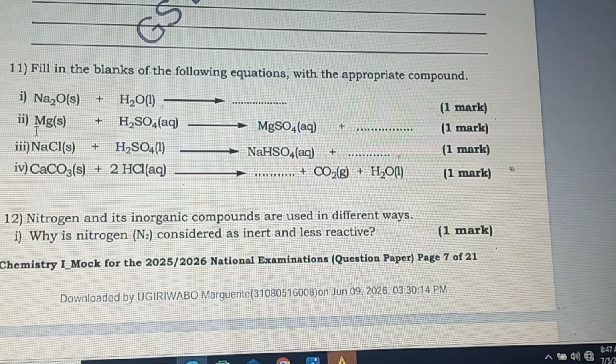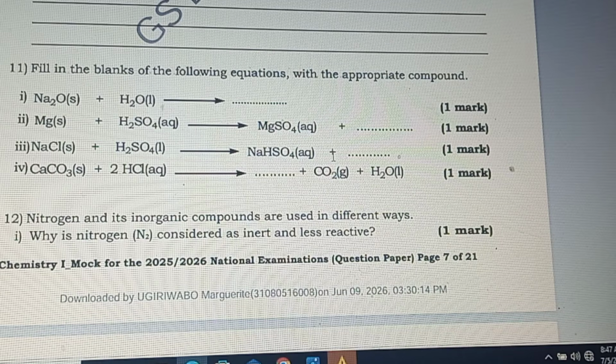Magnesium reacts with hydrogen sulfate to form magnesium sulfate and hydrogen gas. Sodium chloride reacts with hydrogen sulfate to form sodium hydrogen sulfate and hydrogen chloride.